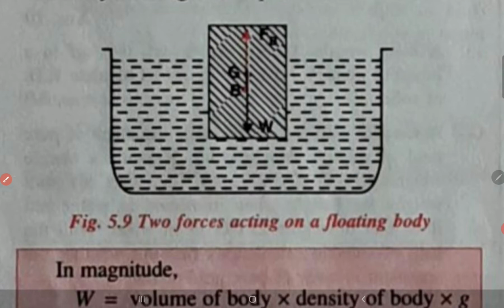Whereas the upthrust will be equal to small v, that is the submerged part of the body, multiplied by the density of the liquid, and then multiplied by acceleration due to gravity. Okay, so these are the three factors on which this upthrust depends, right?